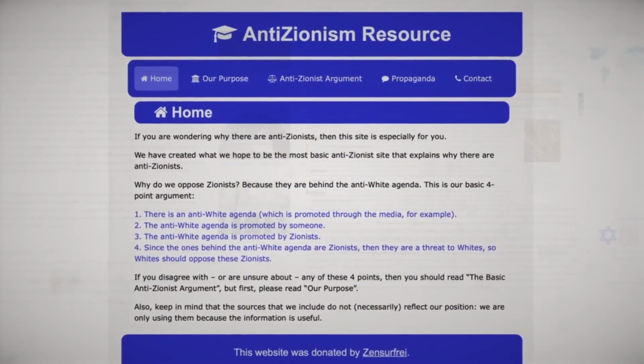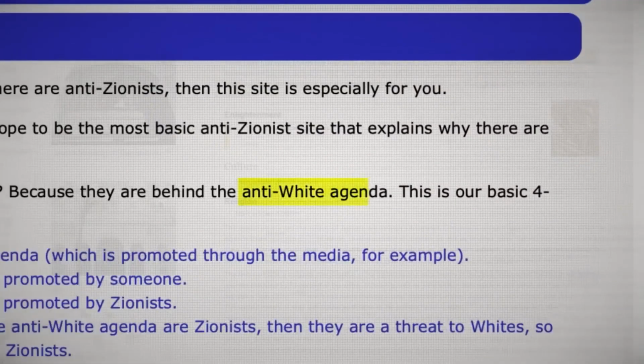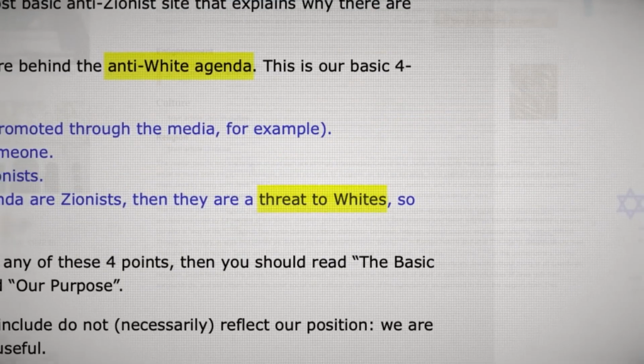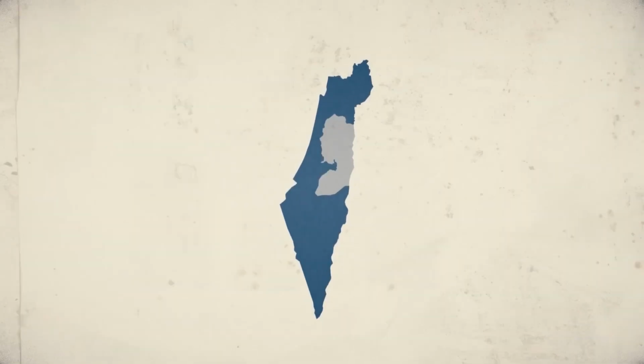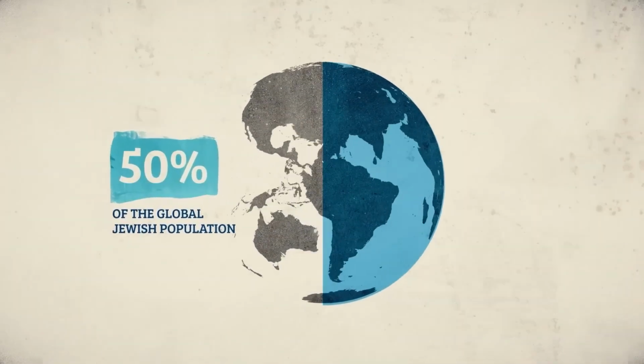If that were the end of the conversation, it would make our lives a lot easier. But unfortunately, it's not. That's because criticism of the Jewish state sometimes masks animosity towards Jews, and as a result, anti-Israel movements often attract anti-Jewish bigots. Just look at the website antizionism.org, which is actually run by neo-Nazi white supremacists. This is pretty predictable if you think about it. After all, Israel is home to half the world's Jews.